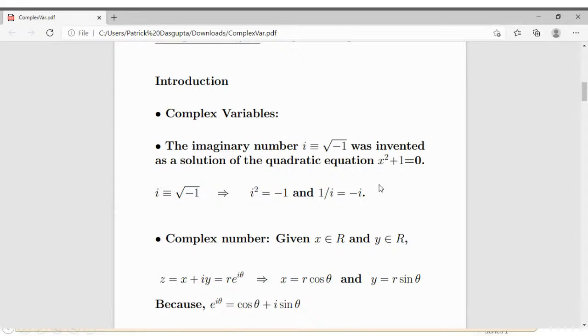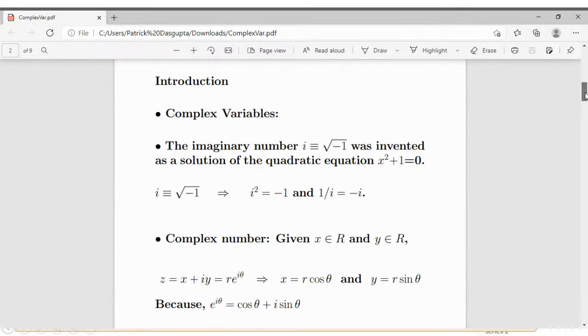So what they did was postulate a new number iota, which is square root of minus 1, defined by them. If this new number is square root of minus 1, then i square is minus 1 and 1 over i is minus i.